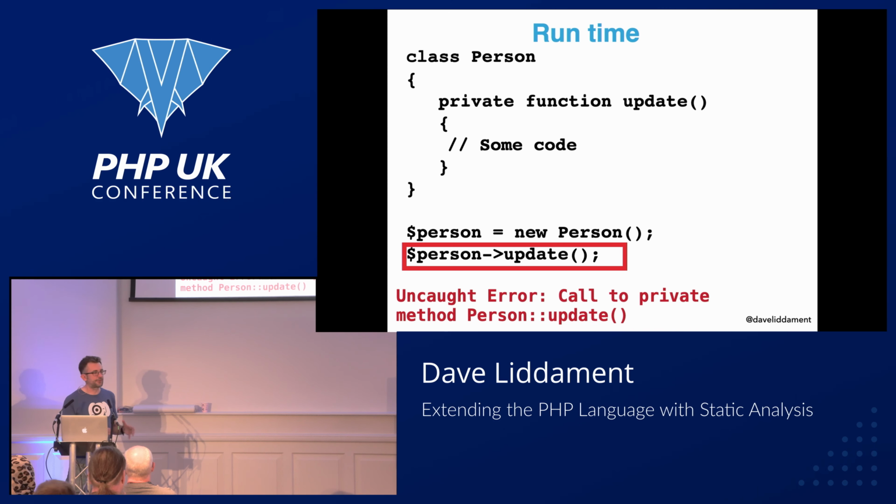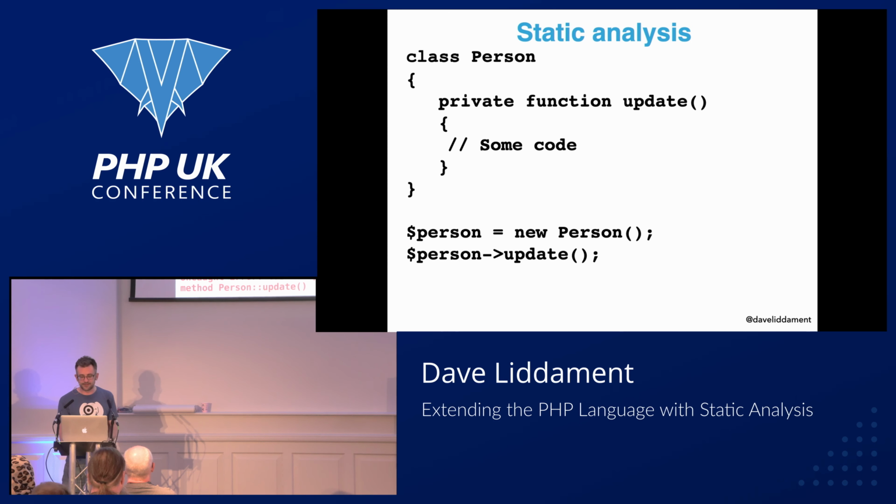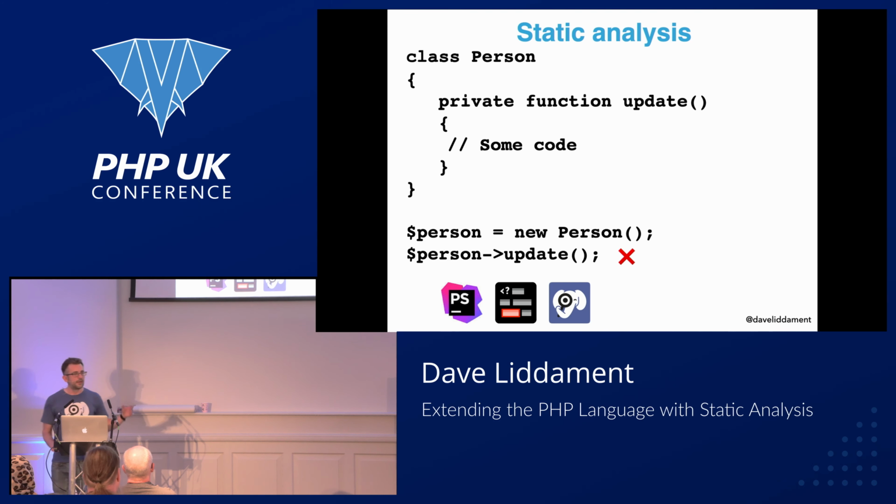But we don't have to run this code to see there's a problem, because we've all looked at it, and we can see that there's a problem. So analyzing code and not running it, that is static analysis. And if we use tools like PHPStorm or other IDEs, or Psalm, or PHPStan, they will all look at this code and say, I can see a problem with it. So this is how we can use static analysis to find issues.